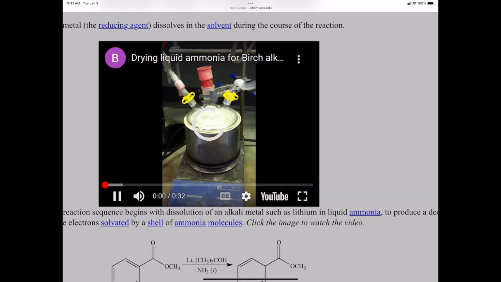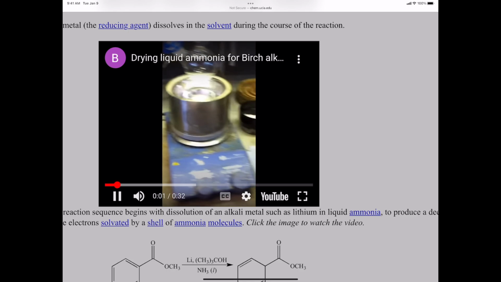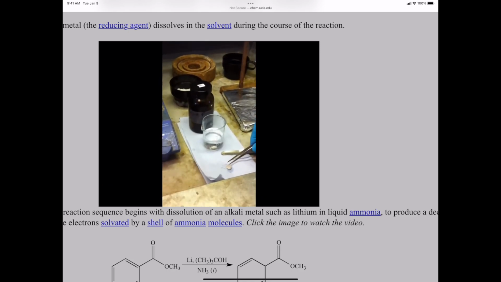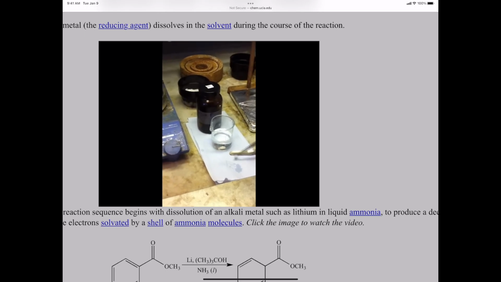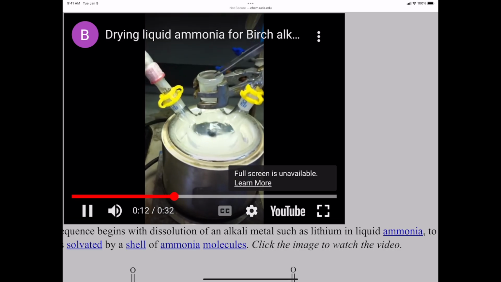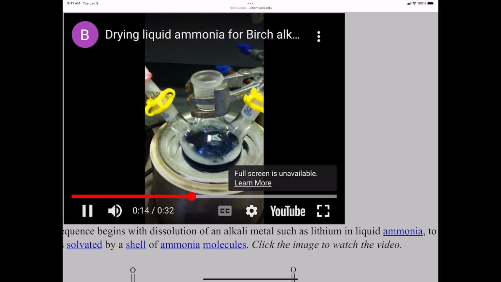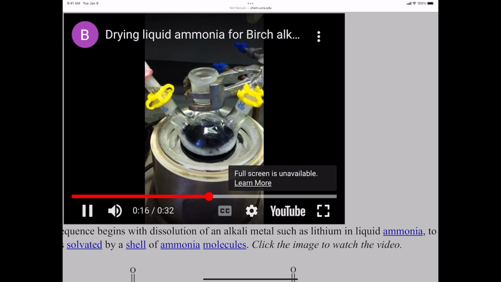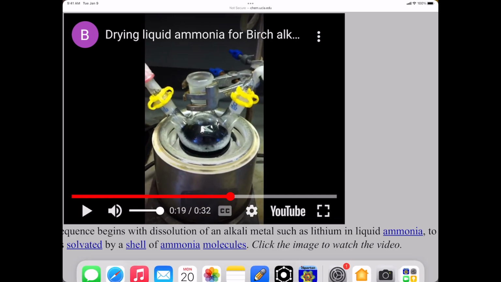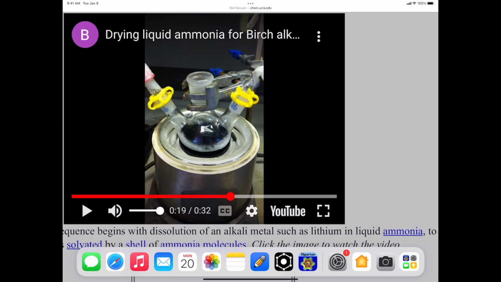So that's the reaction setup. There's the chunk of sodium metal. All of the apparatus here is all about condensing liquid ammonia, drops it in, and boom. Deep blue. That's kind of cool. Apparently, it's not air sensitive because the reaction is not on fire.